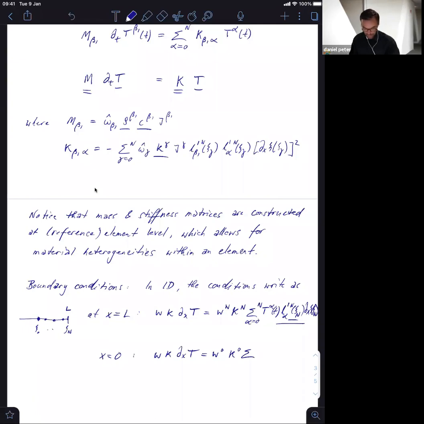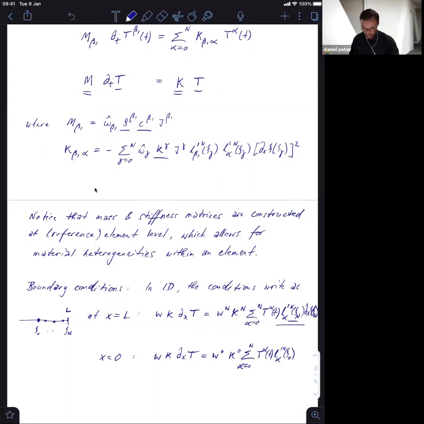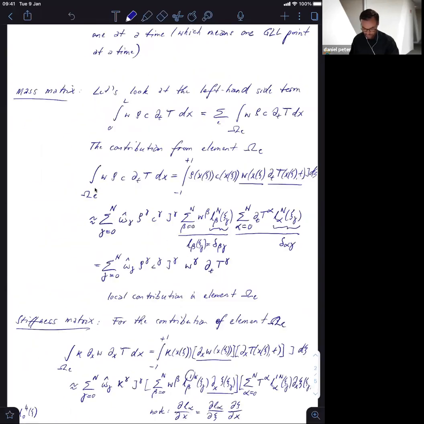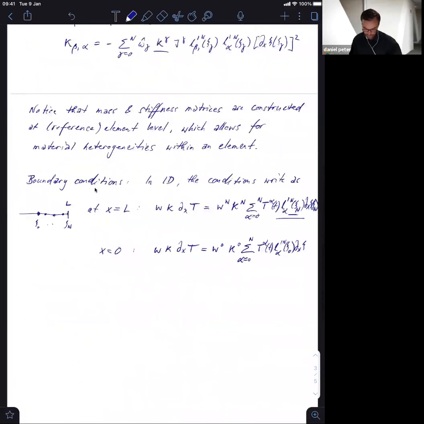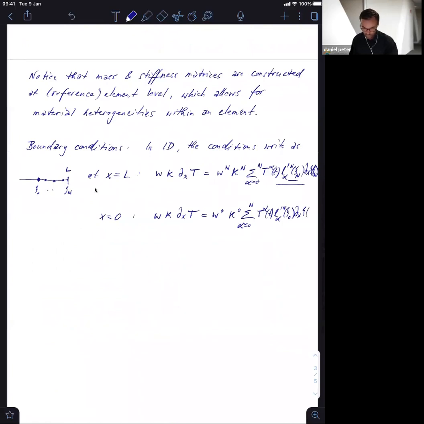And again, now this sum term where we evaluate the polynomial derivatives at this position psi 0 GLL point plus the mapping derivative, evaluated at psi 0.